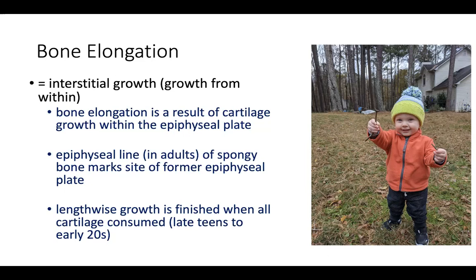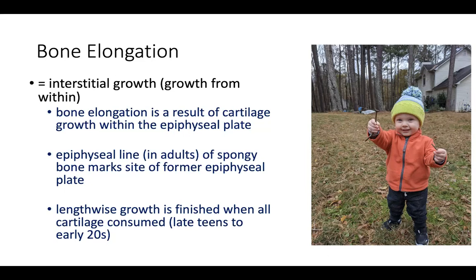By the time he becomes an adult, he'll just have an epiphyseal line. It's basically a scar. There's no more bone tissue being added. Otherwise, our limbs would continue to lengthen forever, right? At some point, it doesn't have to stop, but from an evolutionary standpoint, it stops and we don't grow any longer or taller.